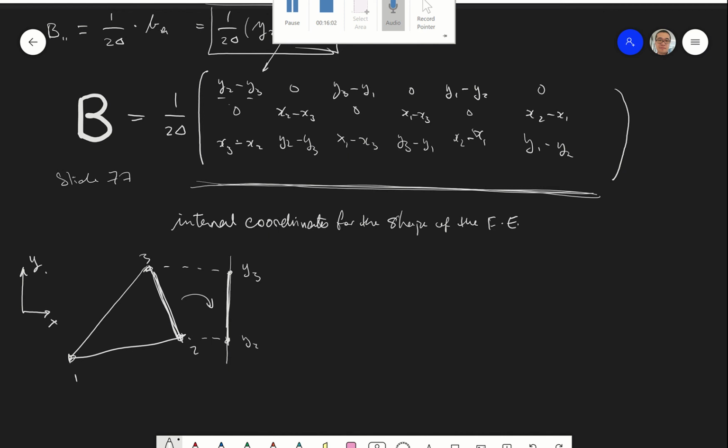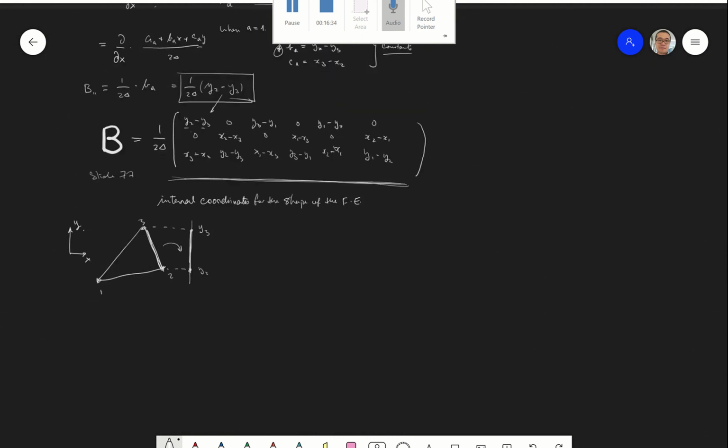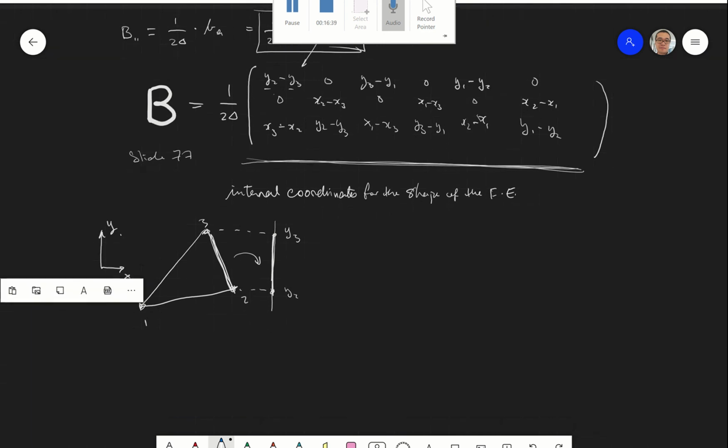So this tells you the change, somewhat related to the change of the nodes, the finite difference of the nodes when it deforms, and how that is related to the internal coordinate or the bonding, the mechanical interactions between the two nodes. So this is the information that goes into the B matrix.